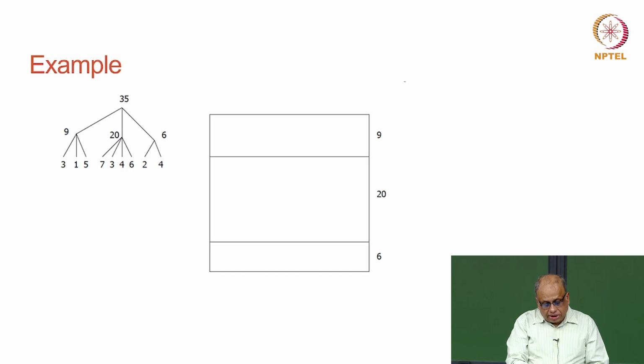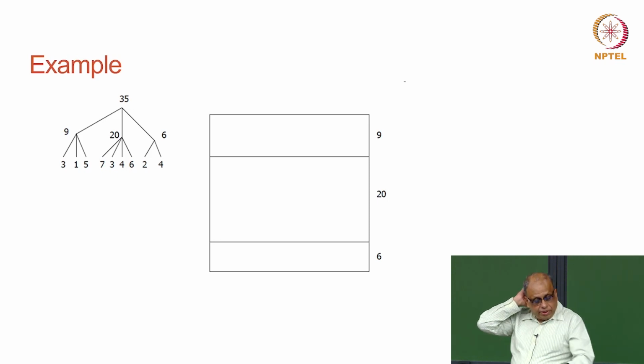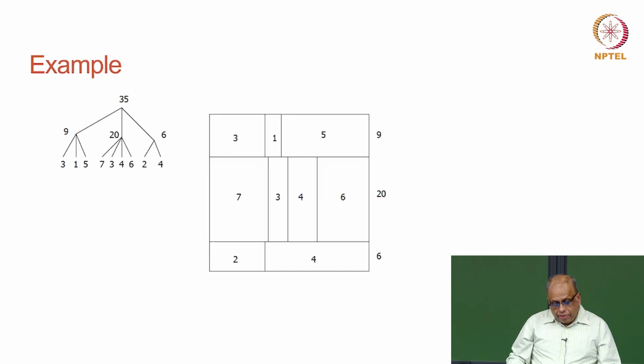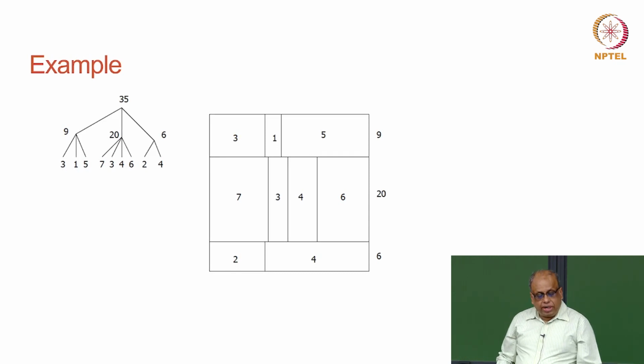Because the first node has 9, we have broken up the overall space for 9, then 20 and 6. The overall space has been broken up horizontally, 9, 20 and 6, based on the number of sub-children it has. At the first level you had broken up horizontally, and at the next level you break it up vertically.